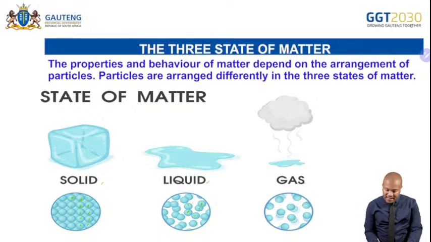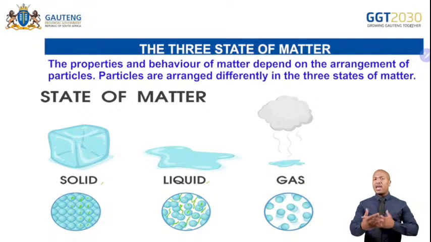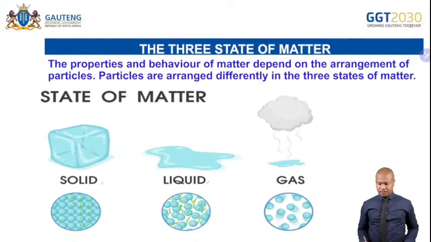Now there is some space in between the particles, so the particles have some little space so that they can move freely. Now when you look at gases, the particles are scattered, far away from each other, leaving lots of space. So there's a lot of movement of particles in gases. Now let's talk about them one by one.